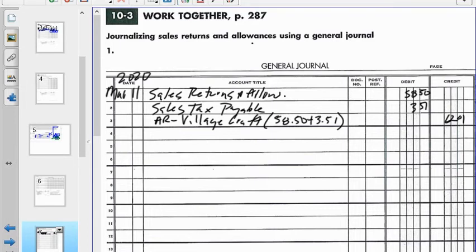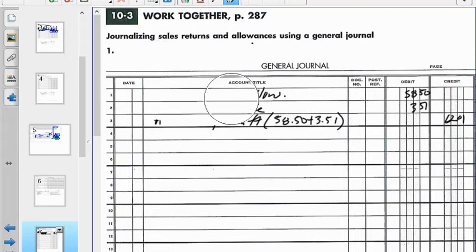Okay. Now this general journal is going to get busy with all different kinds of transactions, like bought supplies on account. It's going to get purchase returns and allowances. It's going to get this sales return and allowance. Maybe some other transactions that we're going to deal with. So let's jump forward to page 287 and let's do 10.3, work together as a group.